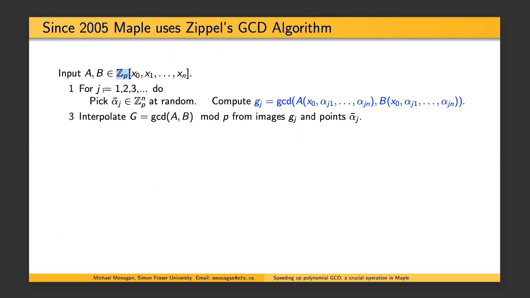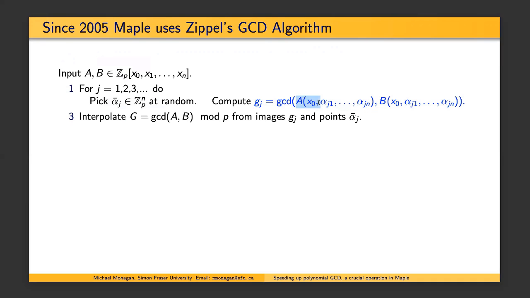And then we have a loop, and we pick a point from the integers mod p at random. So alpha bar j is a vector of integers mod p chosen at random. And what we're going to do is evaluate a. We're going to evaluate out all the variables except one at our random point. This is the jth random point. And do the same for b.